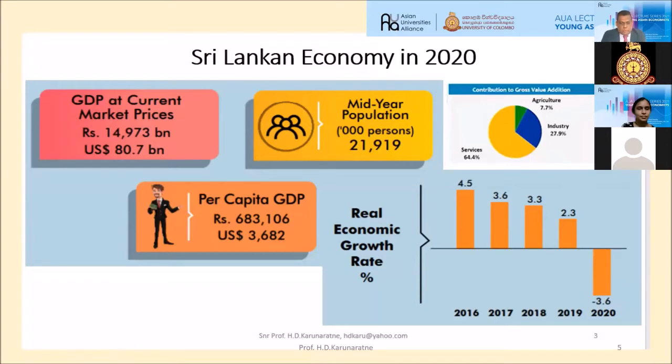So due to the lockdown, our economy went into a negative 3.6 GDP growth rate.